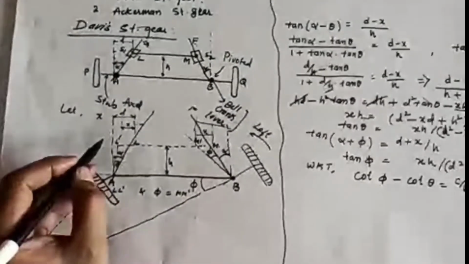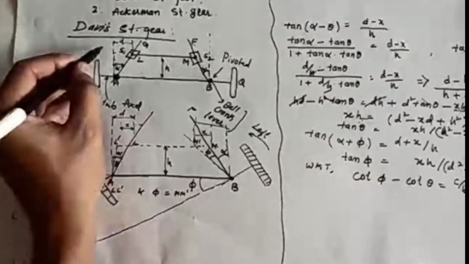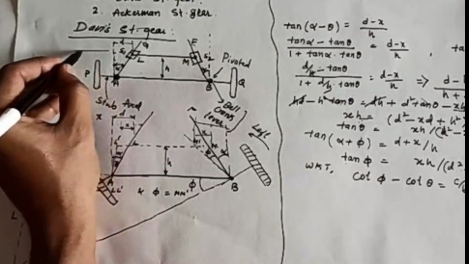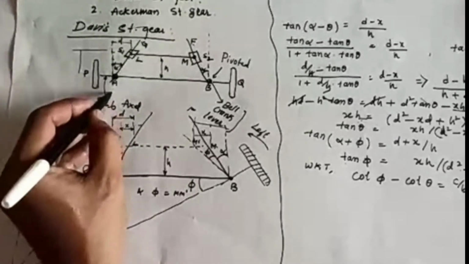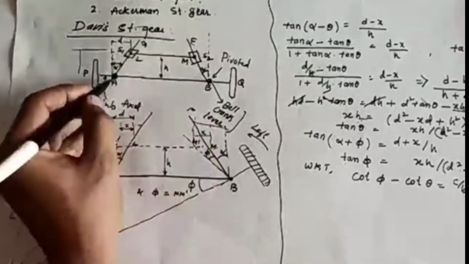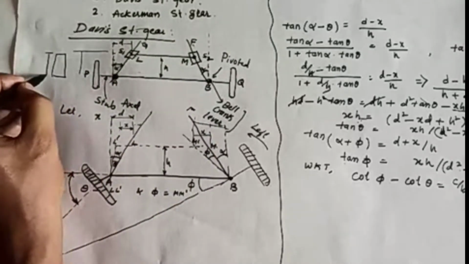C is the total distance, the chassis distance, the track.